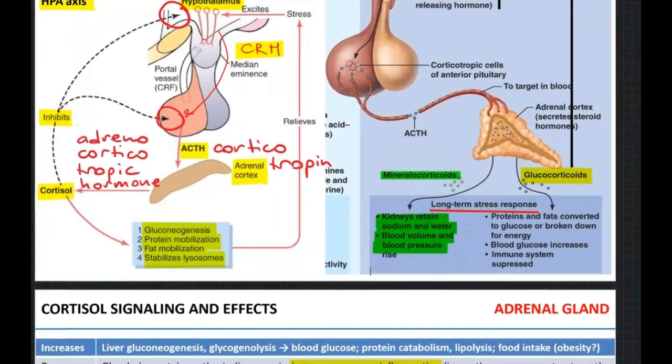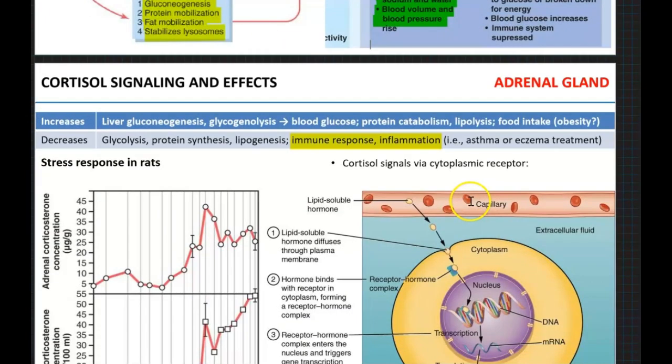But why do we call them glucocorticoids? It turns out this hormone, cortisol, results in increased gluconeogenesis. Bear with me, we're going to explain what this term means. Glycogenolysis, increased breakdown of proteins, increased lipolysis.